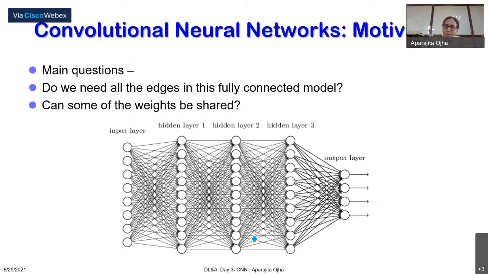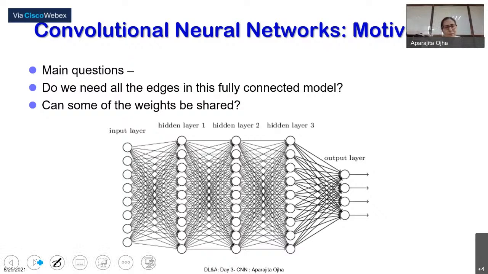Is it possible that some of the neurons are sharing the weights? Because it may happen that two neurons independently processing the information might be looking for some important feature of the image, and that feature might be the same feature as well, right?